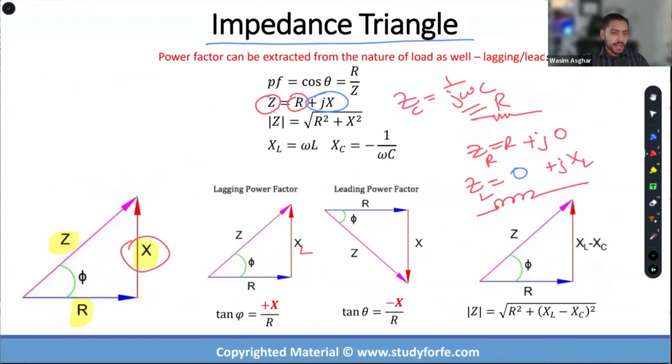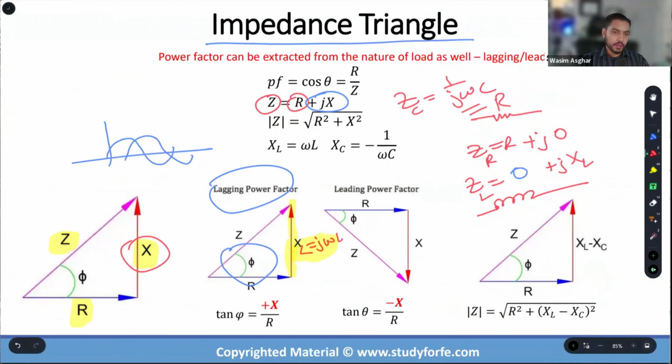When this reactance is XL, which is j omega L, then what happens? We have an inductor, and the L emphasizes inductor. And check this out. Inductor results in lagging power factor. It will cause the voltage waveform to appear before the current, or in other words, the current waveform is lagging behind the voltage waveform. Clear?